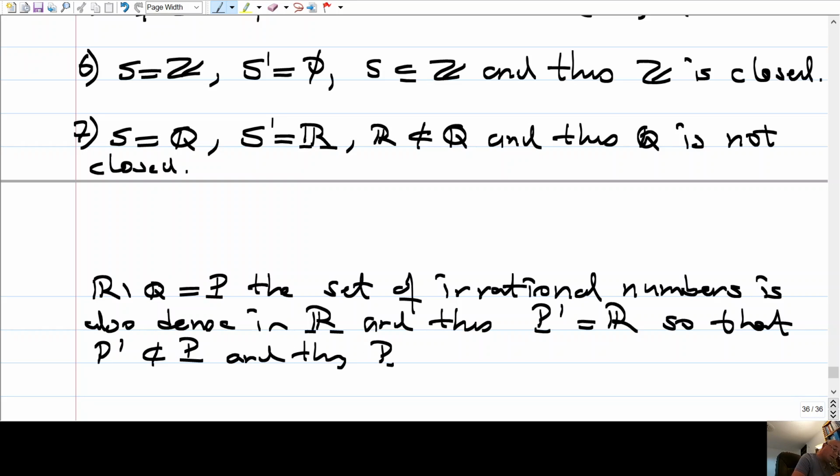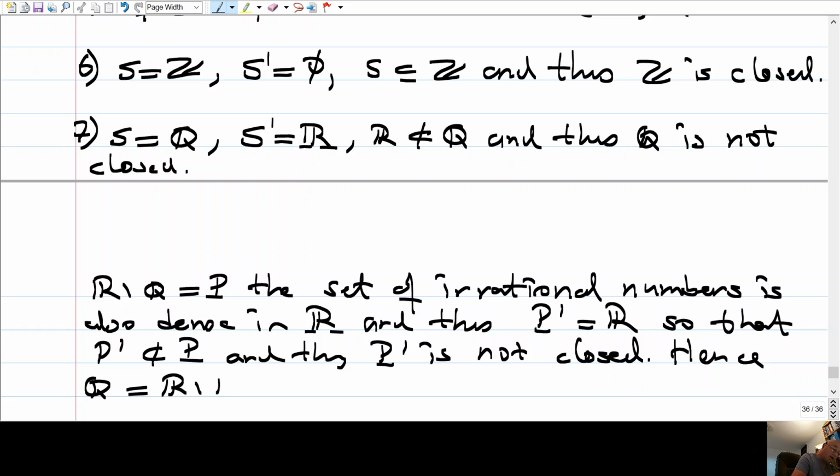as P prime is not closed, hence Q, which is R minus P, is not open.